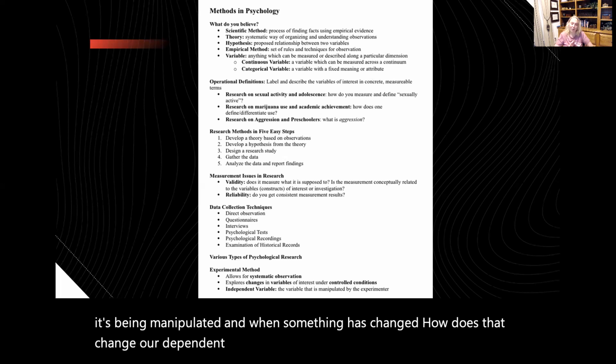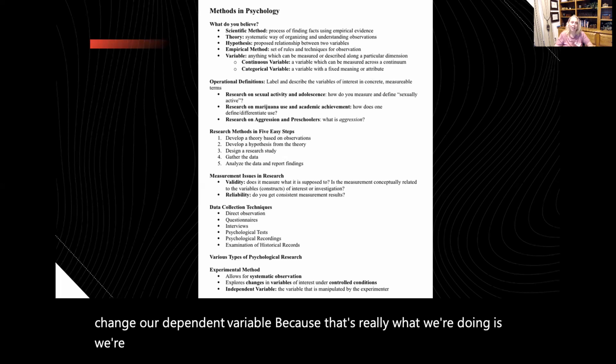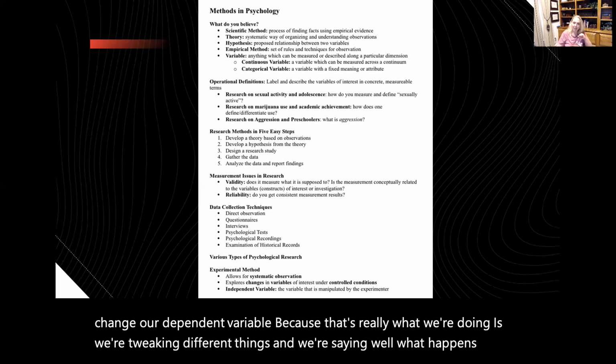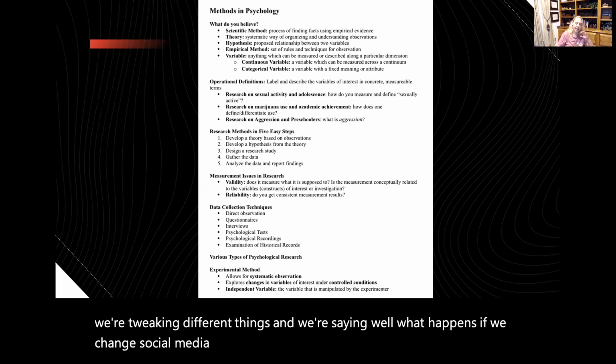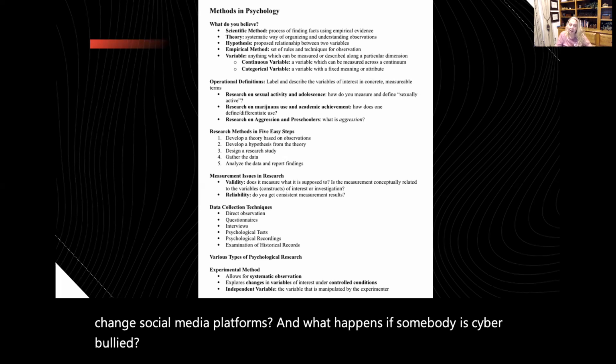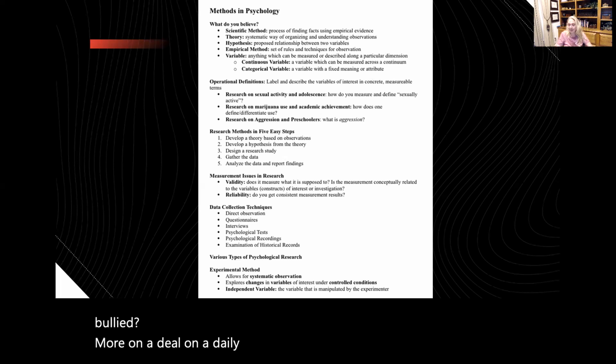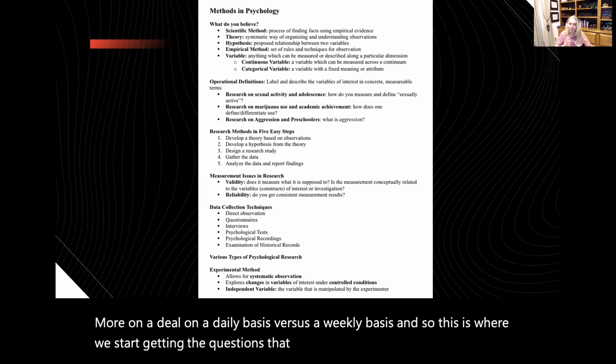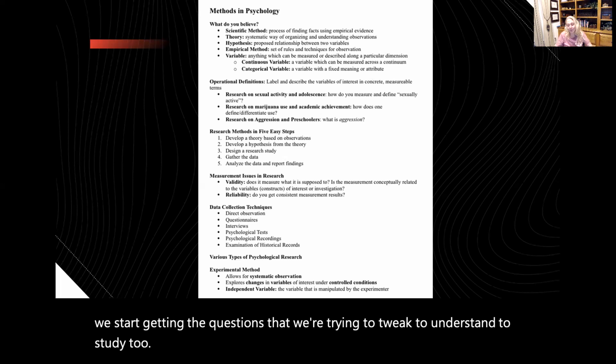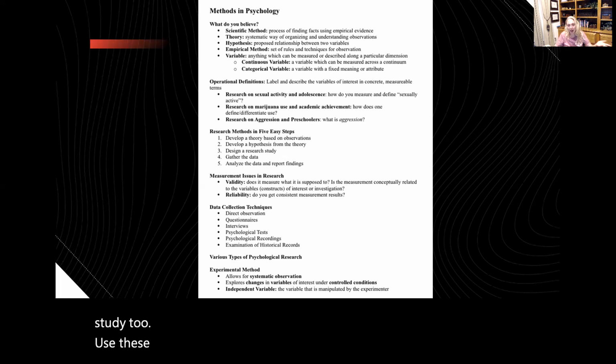Because that's really what we're doing, we're tweaking different things and saying, well, what happens if we change social media platforms? And what happens if somebody is cyberbullied more on a daily basis versus a weekly basis? This is where we start getting the questions that we're trying to tweak, to understand, to study, to use these research methods to create science.